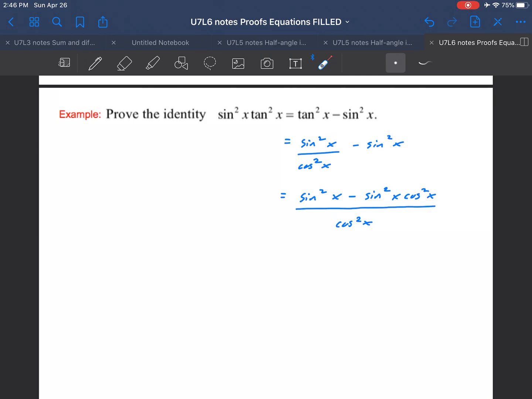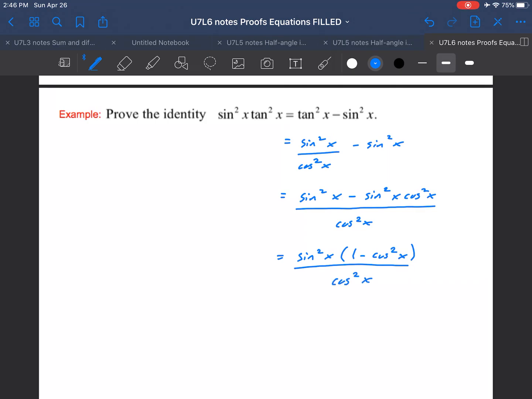Okay. So now, let me go back to my pen. Well, actually I need the mouse. Now I've got factoring, right? Sine squared, that can come out. So this is equal to sine squared x times 1 minus cosine squared x over cosine squared x.